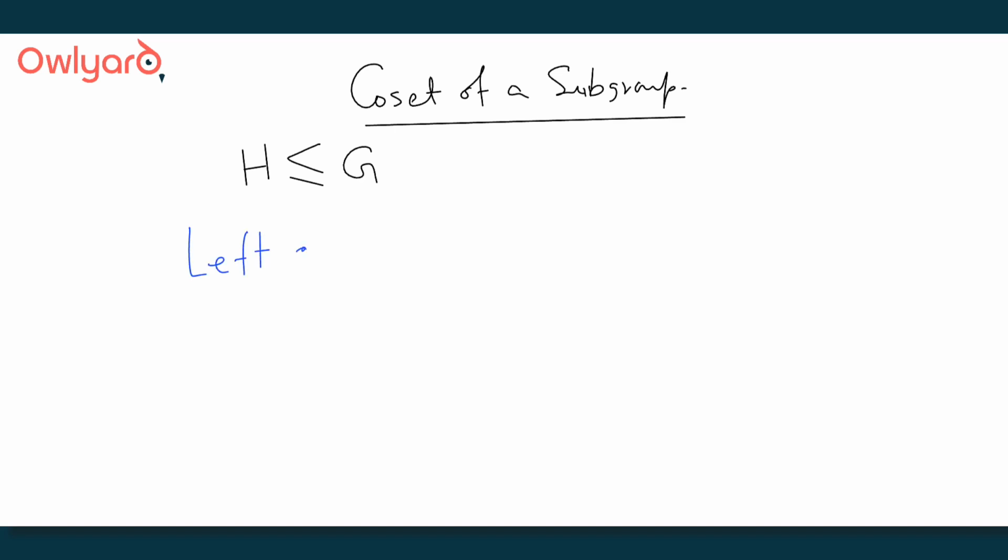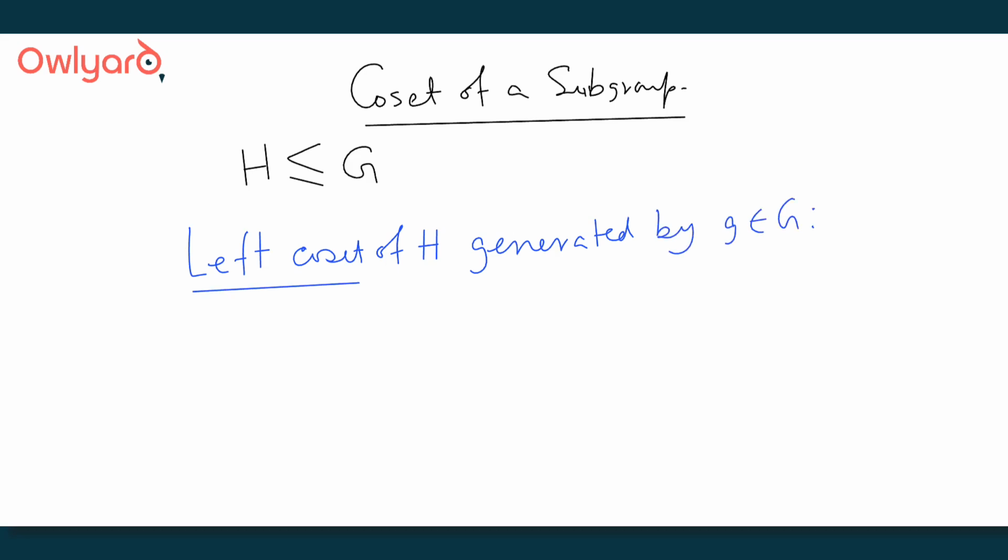So the left coset of H generated by an element g belonging to G. Remember that this needs to be specified, because the left coset of H doesn't make much sense unless I say generated by which element.